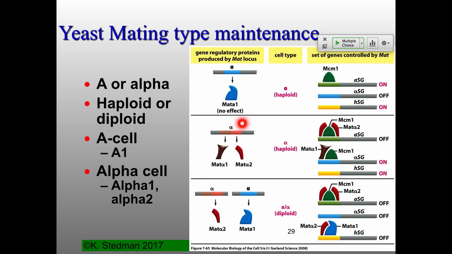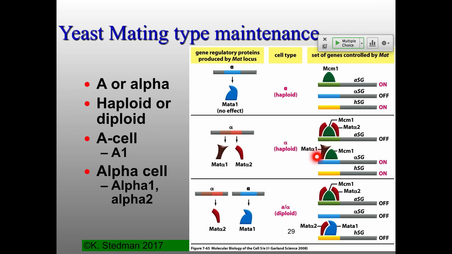Alpha, on the other hand, has two regulatory proteins, alpha 1 and alpha 2, again, ridiculously creatively named here. Alpha 2 is a co-regulator of this general protein here, which now turns off the A-specific genes if you're an alpha.